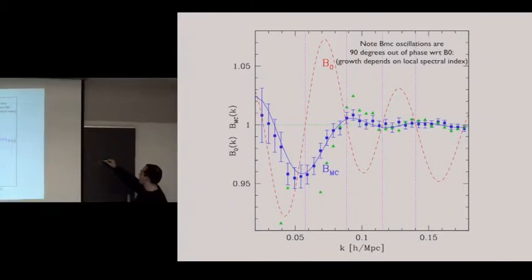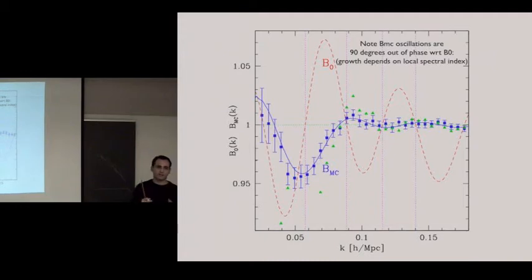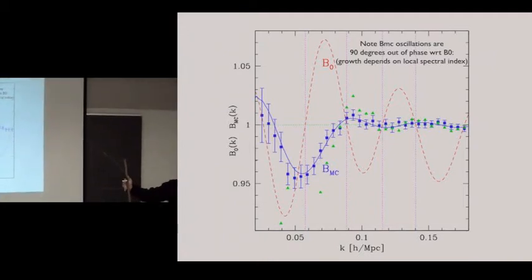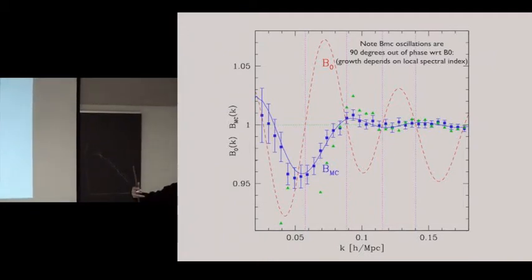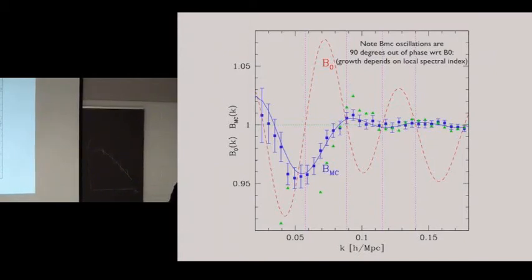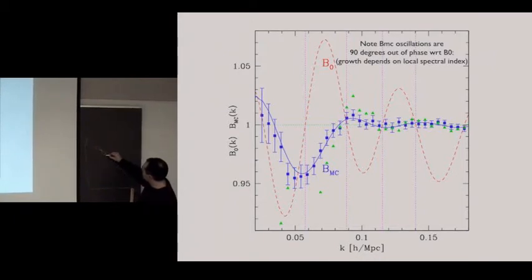So when you have a more negative spectral index, essentially you have more power at large scales compared to small scales, so things can collapse more efficiently. So actually, here, structure grows a little bit faster compared to a smooth model. Whereas when you go to this side, the spectral index is more positive than for a smooth thing, so the power spectrum grows a little bit slower.